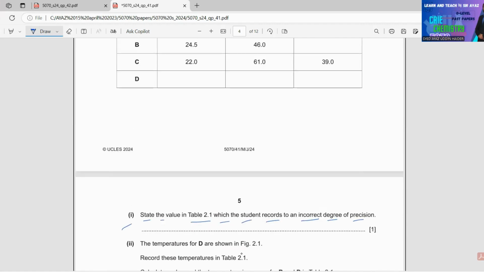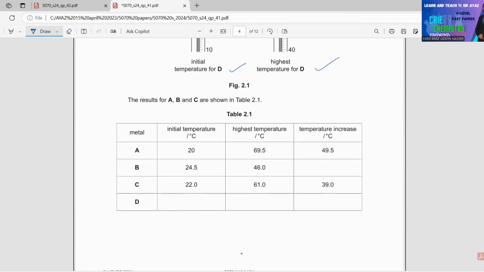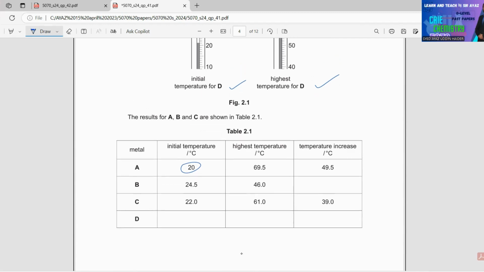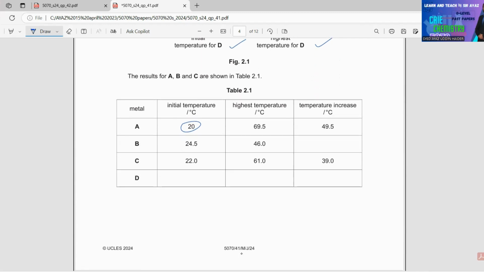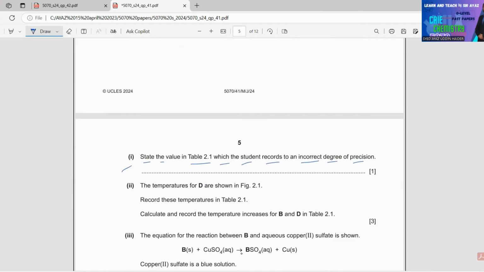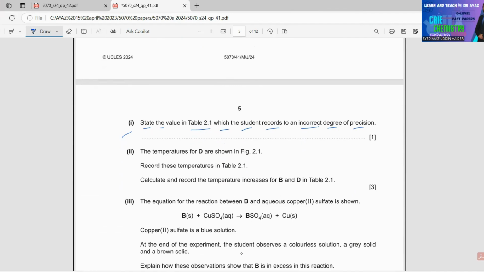So if you look at the values, definitely this must be the incorrect value. You can't have 20 degrees centigrade. You must have a value after decimal for this 20. So I will write 20 here.